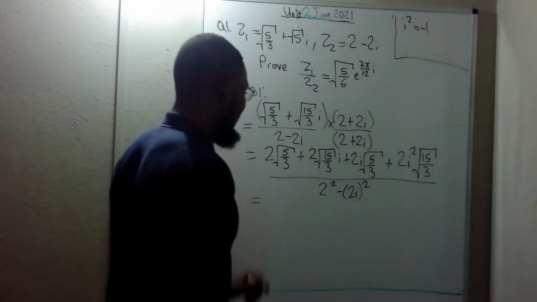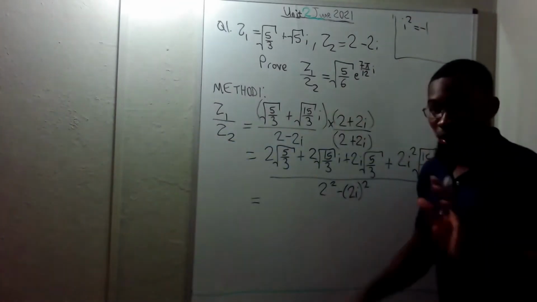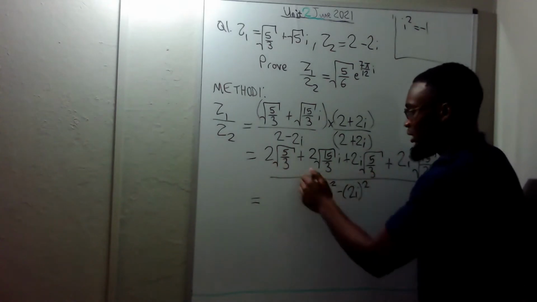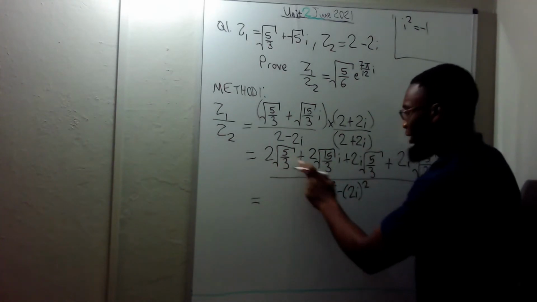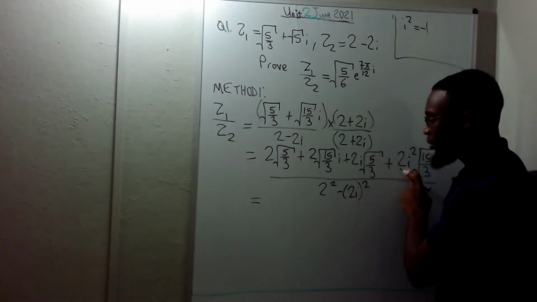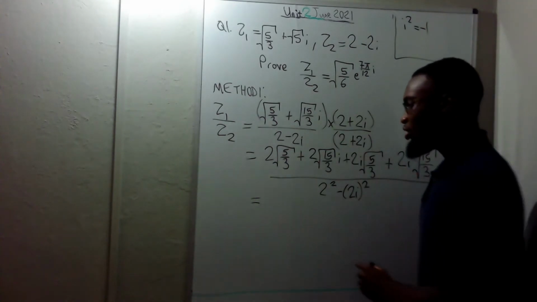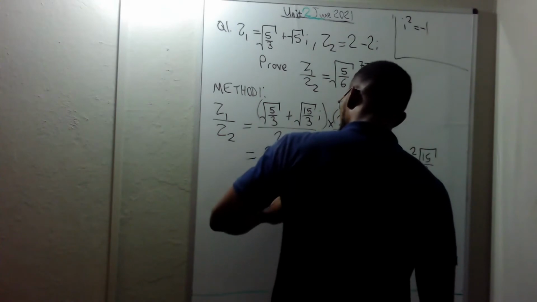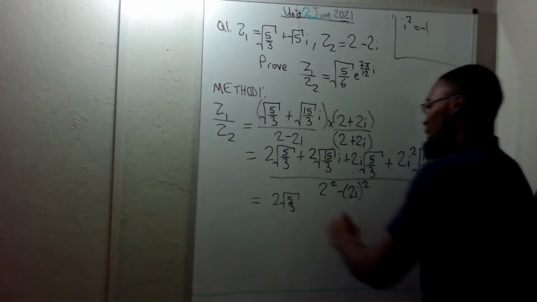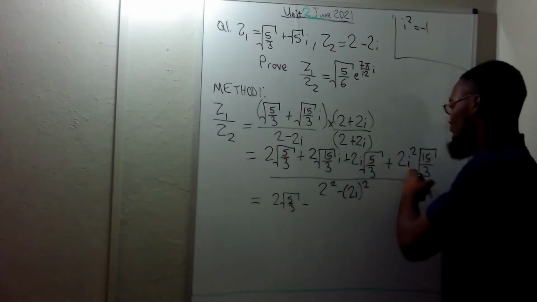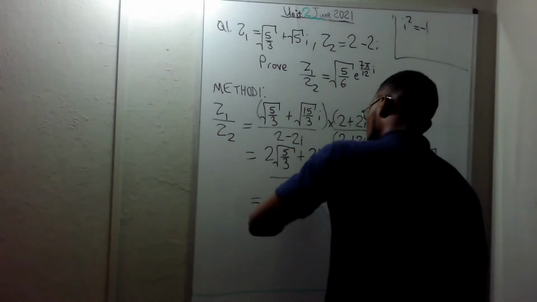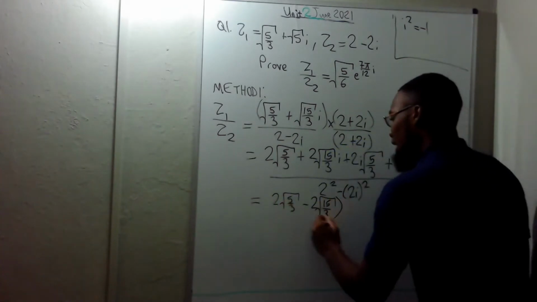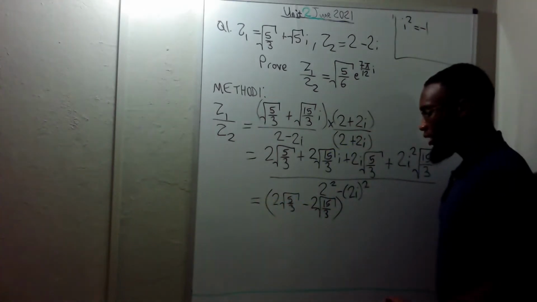So simplifying, since i squared is minus 1, this is also real. What we end up with is 2 root 5 over 3 minus, since i squared is minus 1, 2 root 15 over 3. Bracket that part because that is the real part.